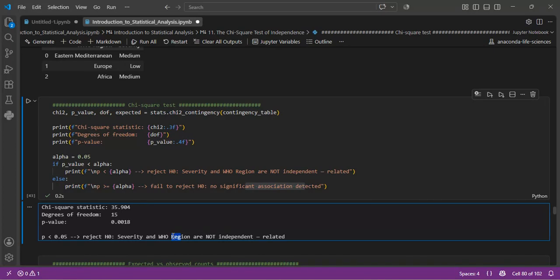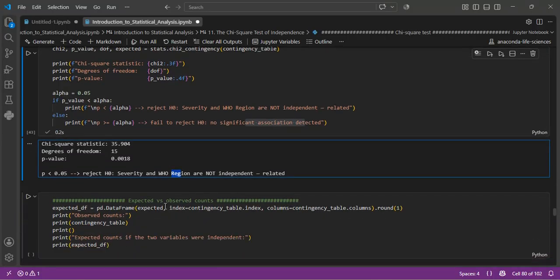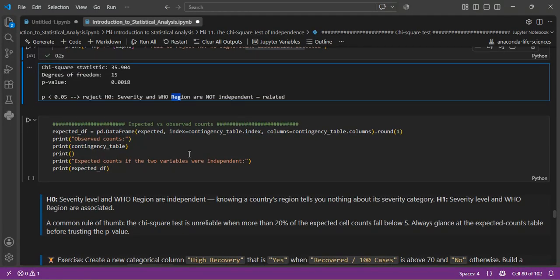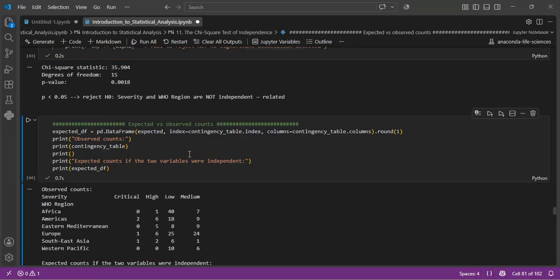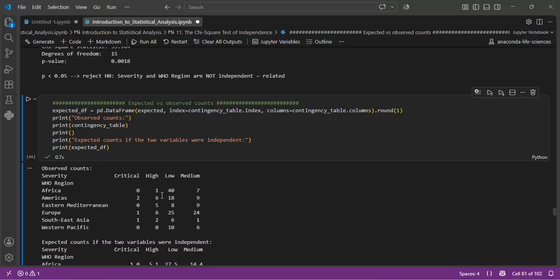So this is the cross tabulation that we did. But you can see that when we were running the chi-square contingency, we got an expected value.